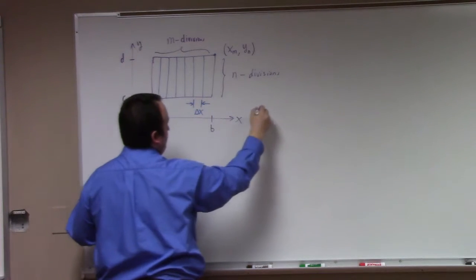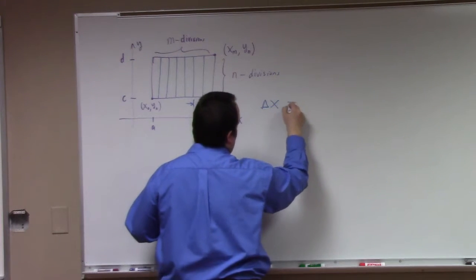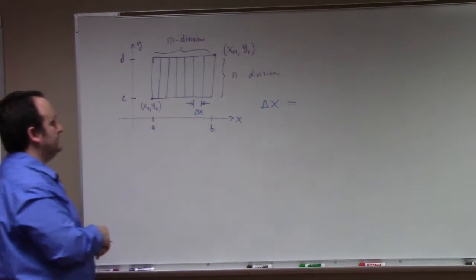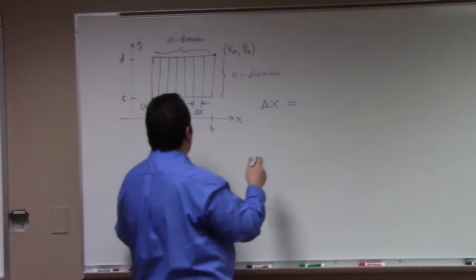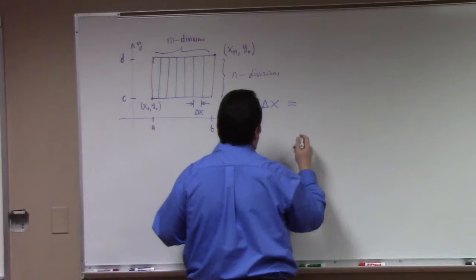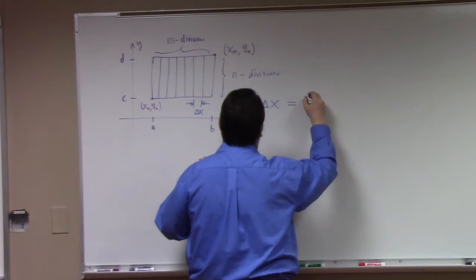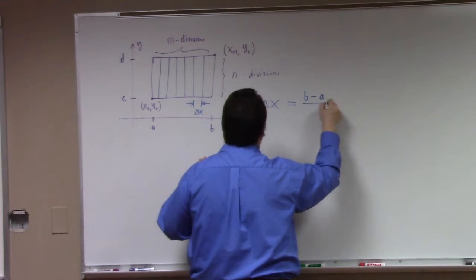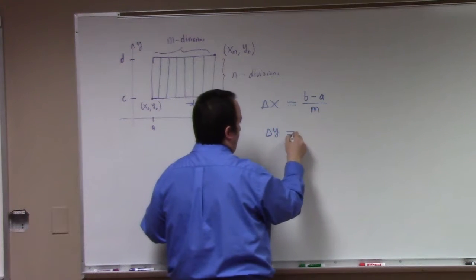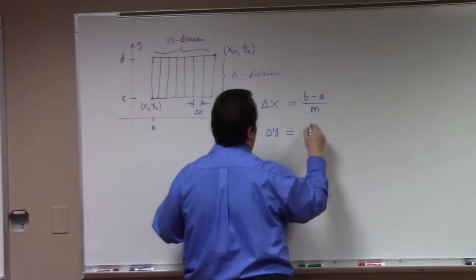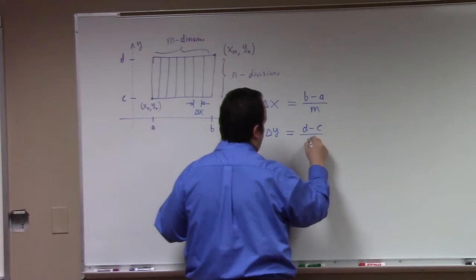What would delta x be equal to? X sub m minus x naught over m is true, but I was looking for b minus a over what? M, right? And what would the delta y be? Yeah, d minus c over n.